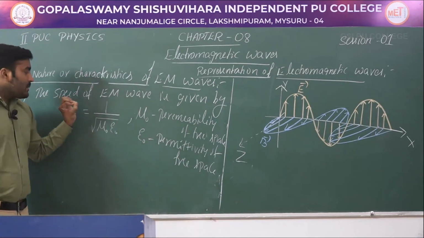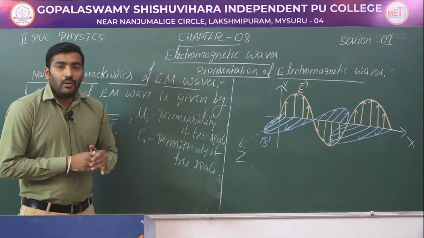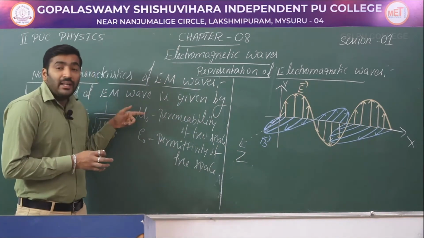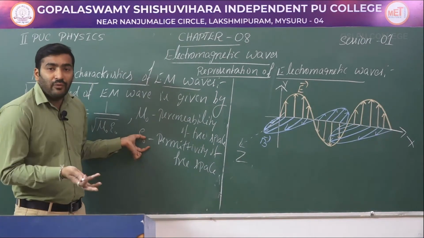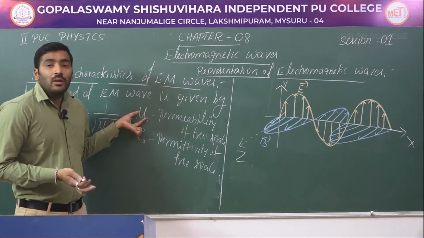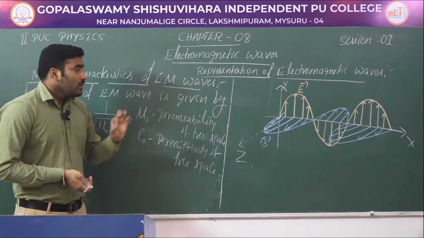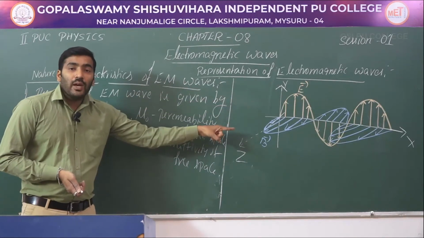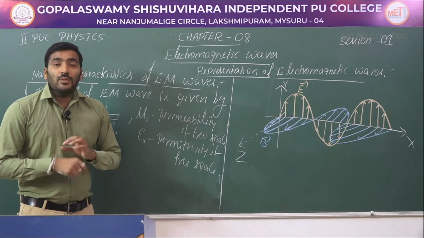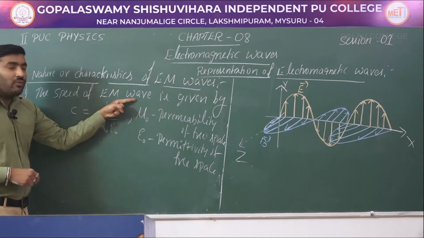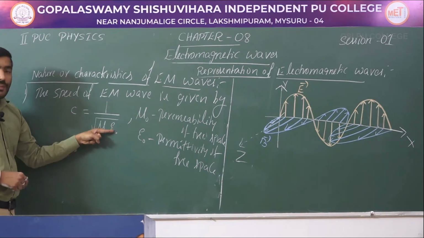The speed of an electromagnetic wave depends on the nature of the medium, or the electric and magnetic field properties. Epsilon naught is related to the electric field vector and mu naught is related to the magnetic field vector. In air or free space, the speed of electromagnetic wave is given by c is equal to 1 divided by root of mu naught into epsilon naught.